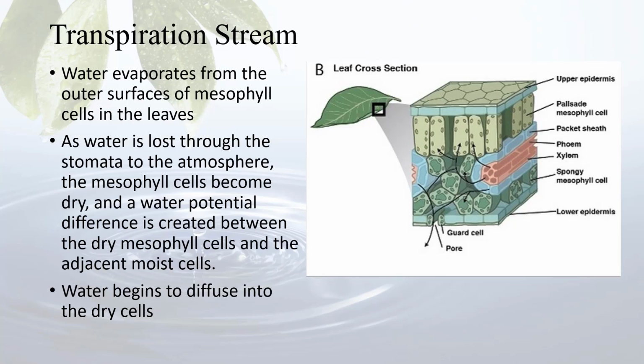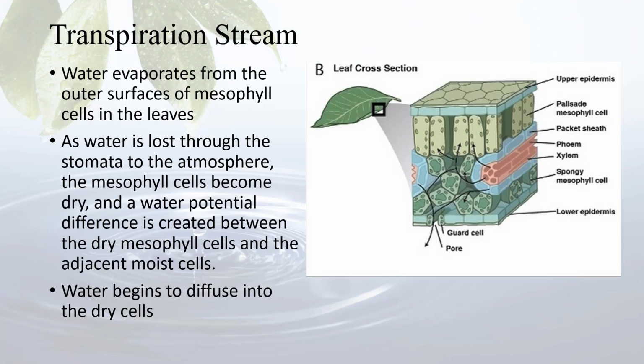They let gases in and out, important for photosynthesis. But when they're open, they also allow water to transpire or evaporate from our leaves, and this results in this process. So water is lost to the atmosphere from those stomata.